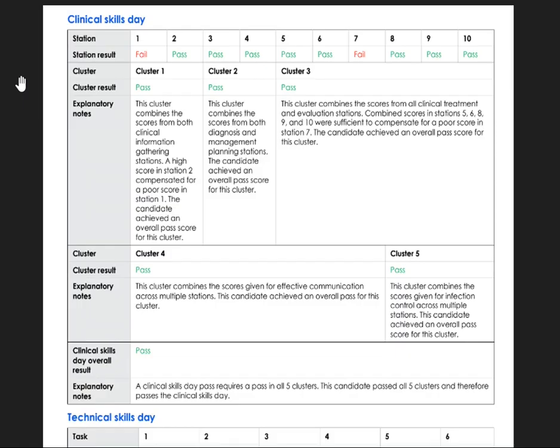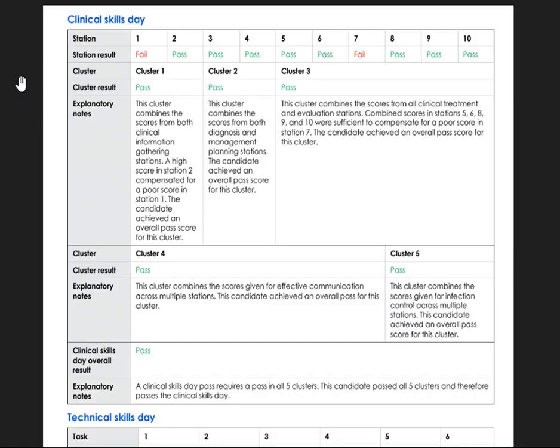And out of 45, he scored 40 in station 2. So that's a total of 70, right? ADC has set a par score of, let's say, 68 out of 90 to pass this cluster. Because this candidate scored 70, he will pass the cluster, although he failed station 1.